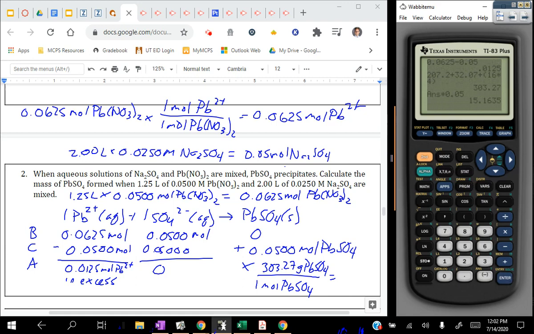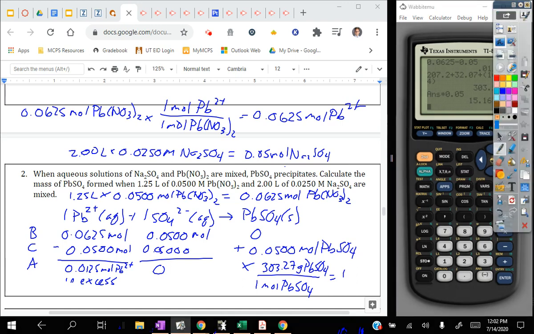And with sig figs, it looks like we had 3 significant figures for each of our volumes and 3 significant figures for each of our molarities. So we should round our answer to 15.2 grams. So 15.2 grams of solid lead sulfate will form when you mix 1.25 liters of 0.0500 molar lead nitrate with 2 liters of 0.0250 molar sodium sulfate.